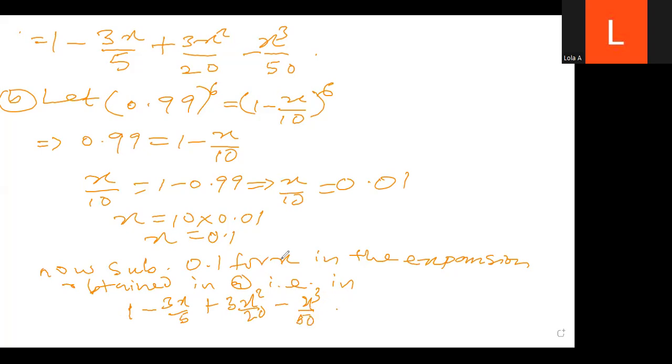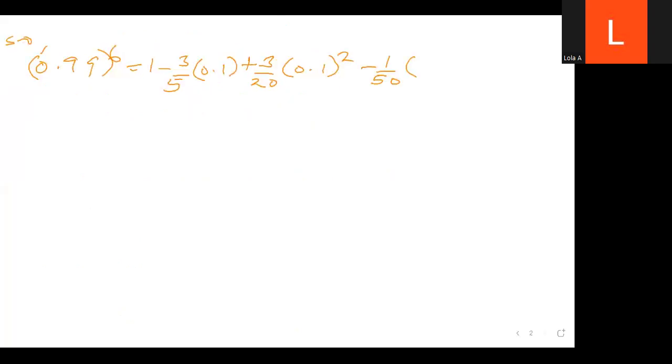Let's copy that quickly. So when you are done, let me know. (0.1 raised to the power of 3). Is that clear?